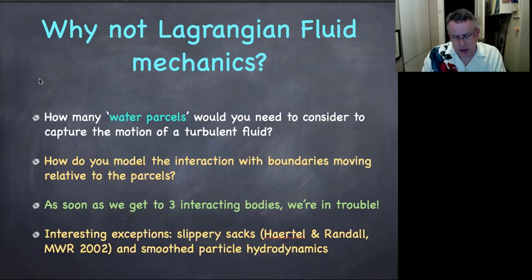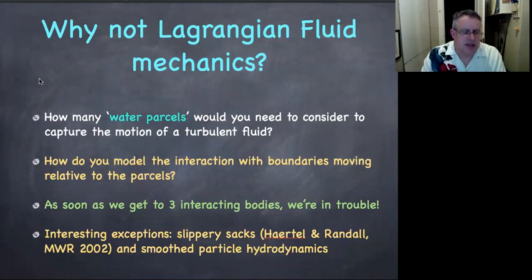Also, you have to wonder, when the parcels are moving along, how do you interact them with the boundaries? They're going to be moving by, and so a parcel doesn't stay a boundary parcel. It might move into the interior and be replaced by another parcel as it's getting stirred up. And we know from celestial mechanics that as soon as we get to three interacting bodies, we tend to be in trouble in terms of being able to solve those equations accurately.